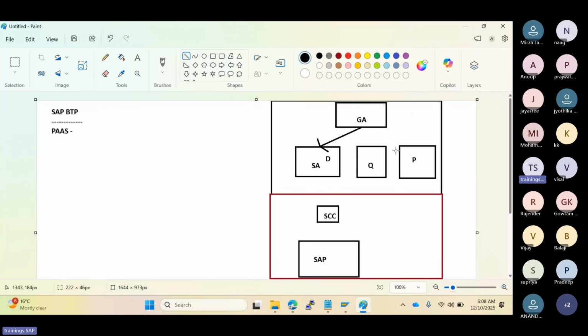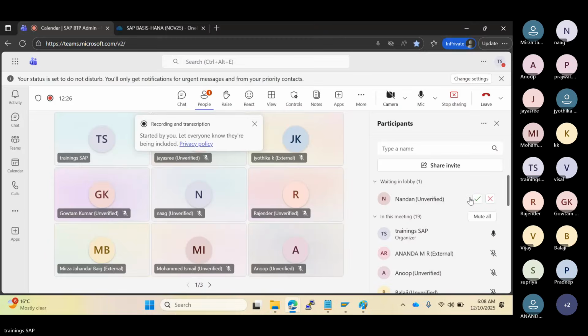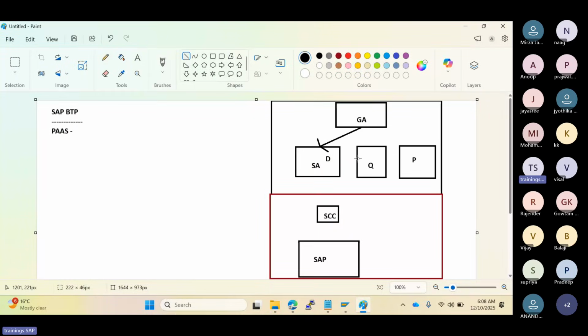But the global account is only one for the customer. So these sub accounts are the business accounts, not the global account.